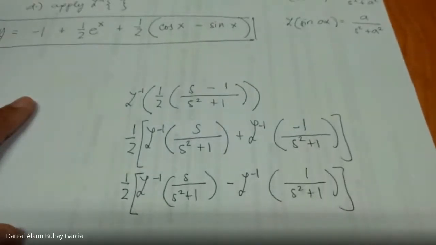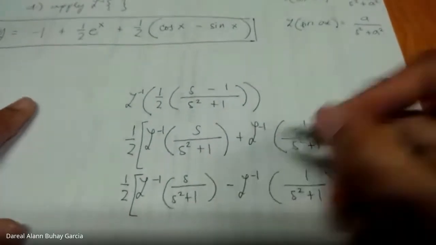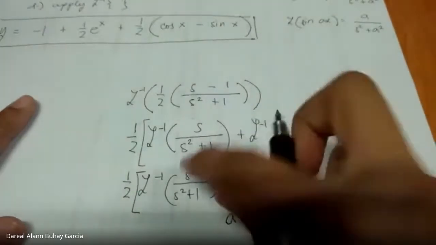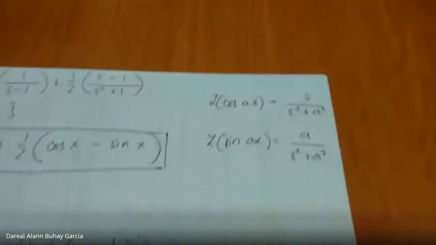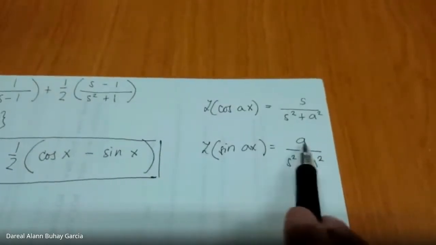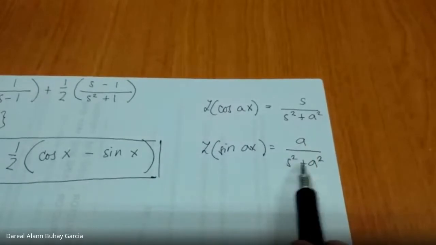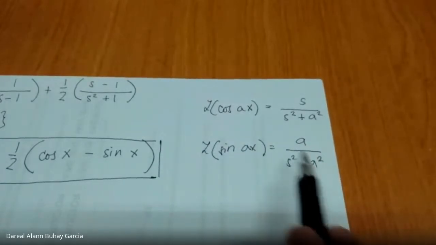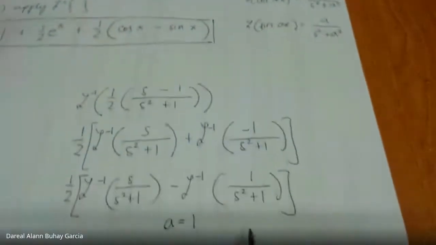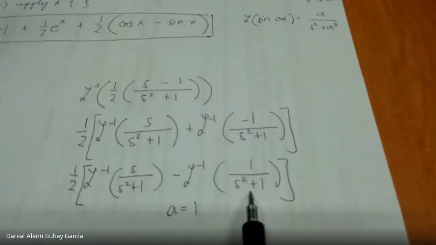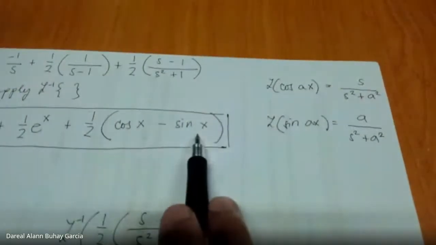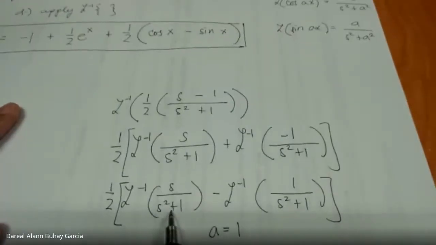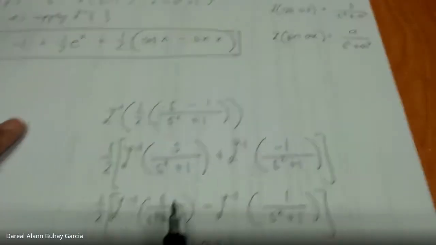Lucky for us, for both terms, a is 1. So if our given is 1 over s squared plus 1, the inverse Laplace is sin x, where a is 1.